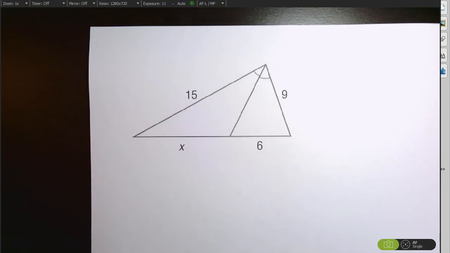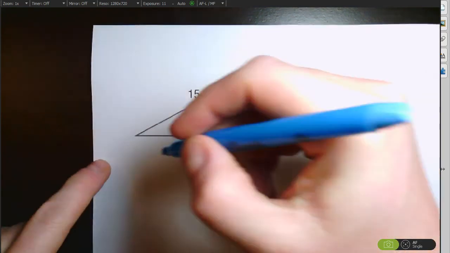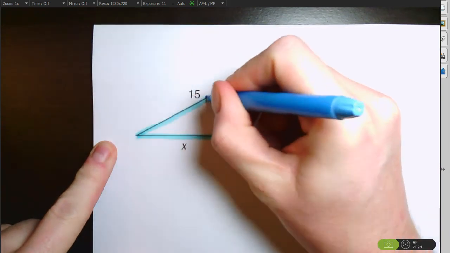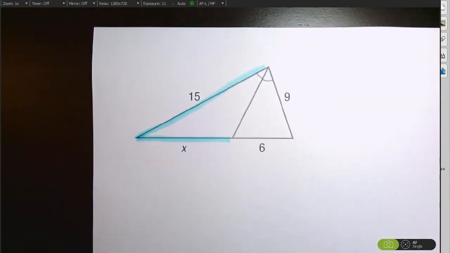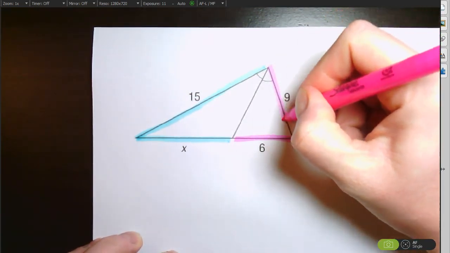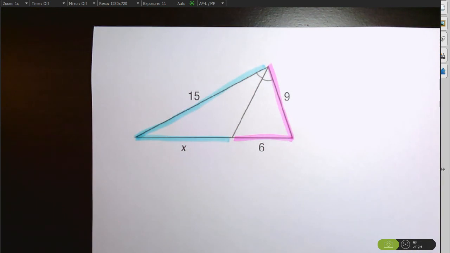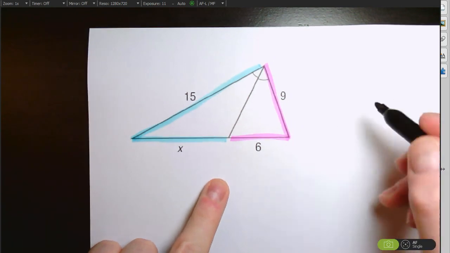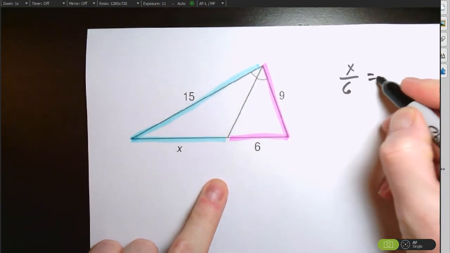So there are two ways you could sort this out. Again, the book always does this color matching thing, where here's the one part, here's its adjacent side, here's the other part that gets formed, here's its adjacent side. Okay. So it's up to you how you want to write it out. You could do x over 6 equals 15 over 9.